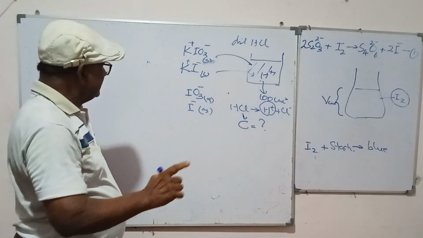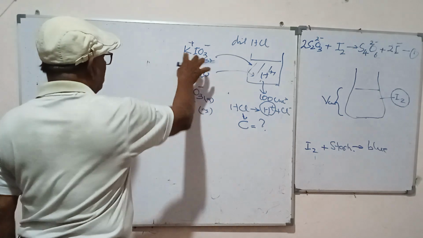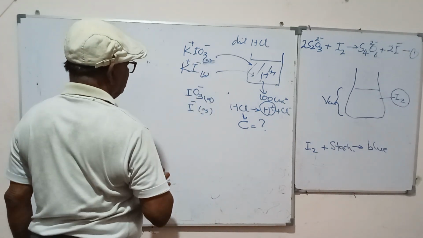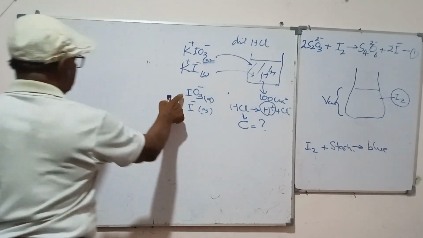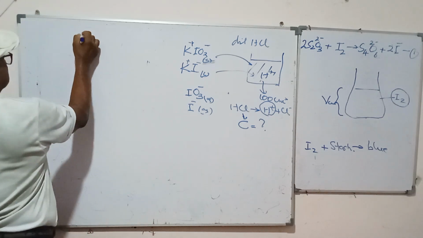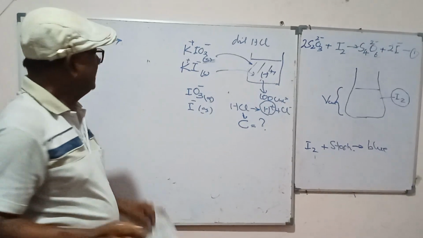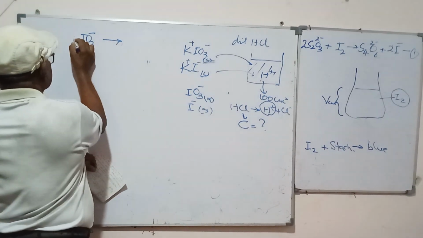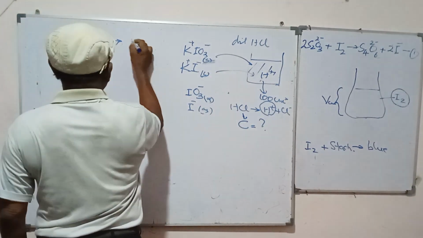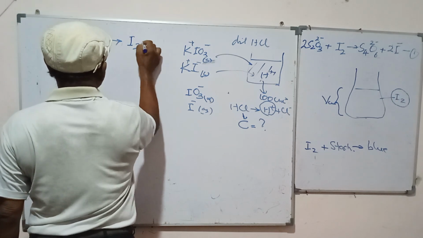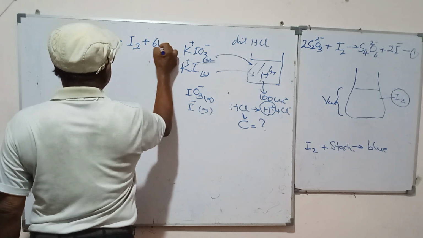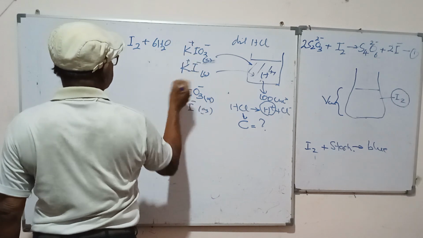Right? Then we must know how they react to each other. See here, 2IO3 minus to give I2 plus 6 water.